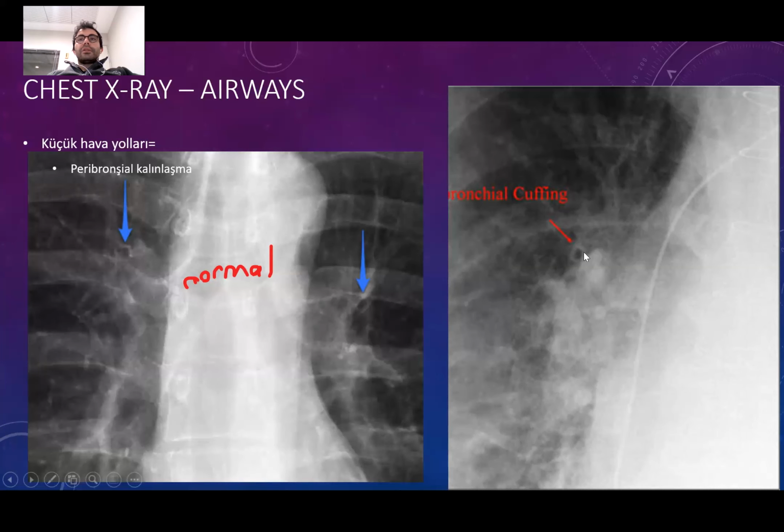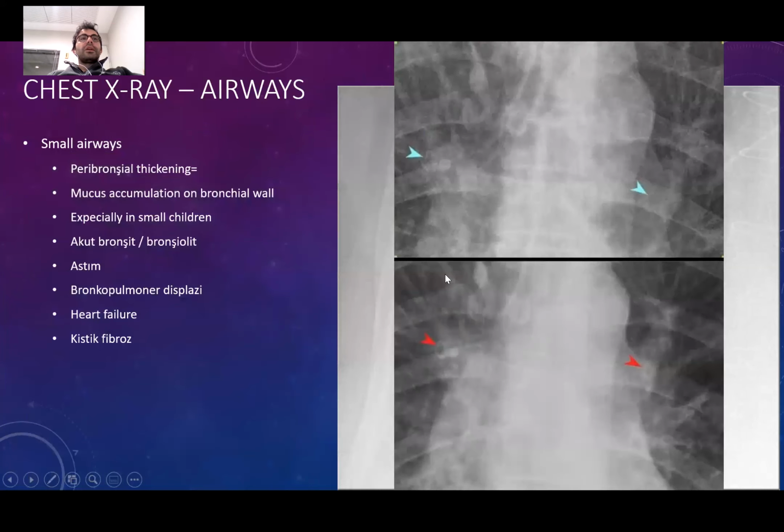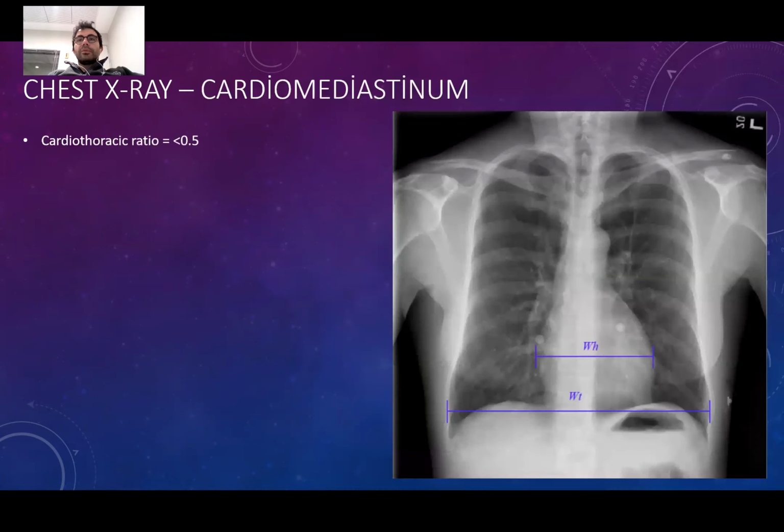If they are thick and you can see the wall very markedly, you should be suspicious of, first in children, bronchitis. And asthma attack, in asthma attack we see this. Bronchopulmonary dysplasia is a very complex disease, you cannot get to the diagnosis with that. And in case of heart failure, you can also see this bronchial wall thickening.